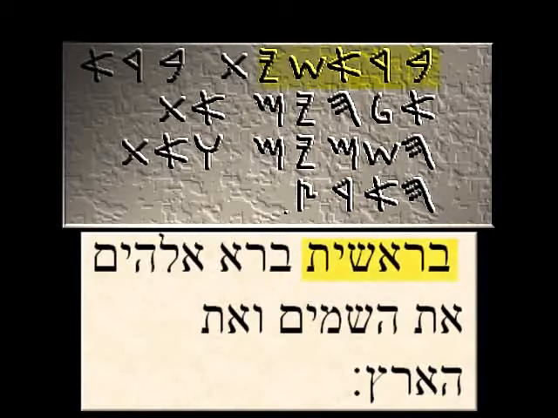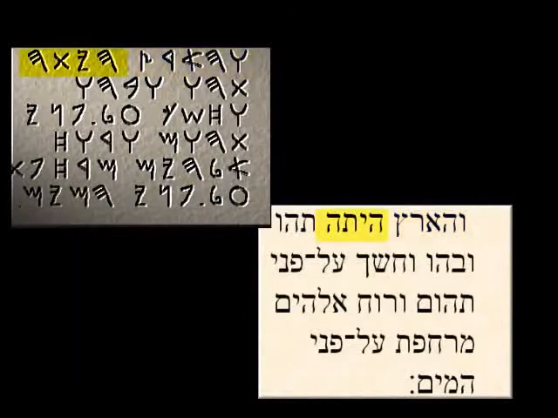Bara Ashyath, Bara Alahayim, Ath Hashemayim, Wa Ath Ha'aratazah, Wa Ha'aratazah, Hayatha, Thahor, Wa Bahor, Wachashak, Ail Punya, Thahawam, Wa Rawak, Alahayim, Marakapath, Ail Punya, Ha Mayim.